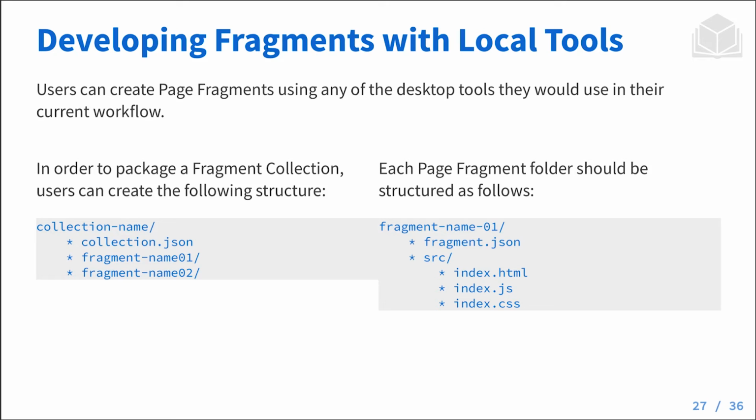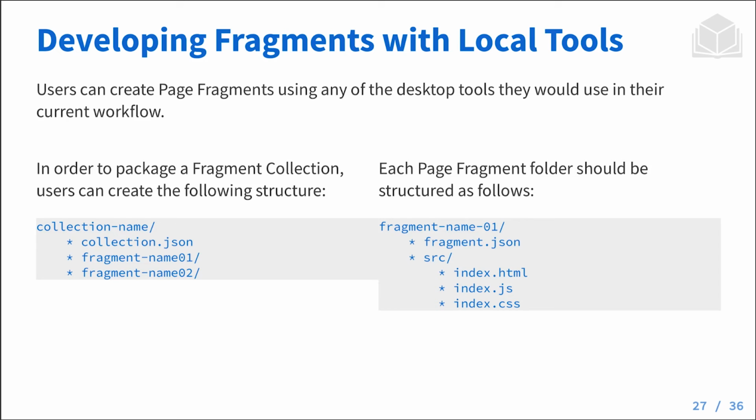Now, you can develop these on the platform by simply adding collections, adding new fragments, and using our graphical editor to actually see the output of your fragment. But you can also create these on your desktop using your own tools as well. To do that, you need to have a folder structure that includes the collection name. You'll have a collection.json with your actual fragments.